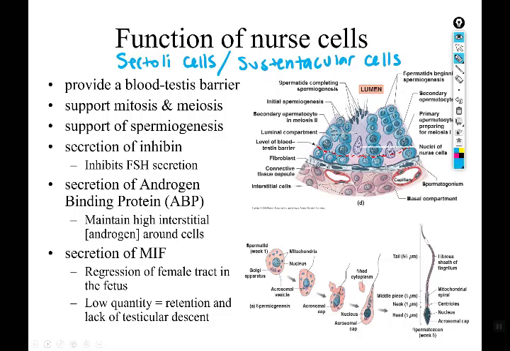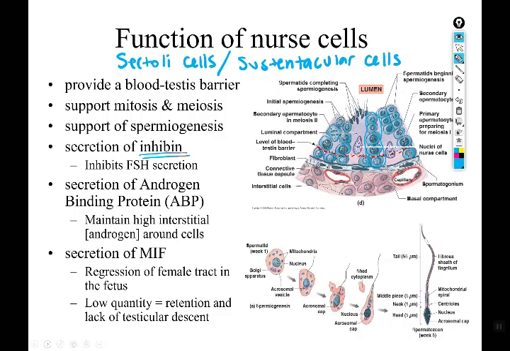Another function of those cells is to support mitosis and meiosis. So mitosis and meiosis are very ATP-consuming processes, and the nurse cells basically provide support for that. Another thing that they do is they secrete inhibin. So if you've been wondering about inhibin since we started talking about the endocrine system, now you know that inhibin feeds back on the anterior pituitary to inhibit the secretion of follicle-stimulating hormone.